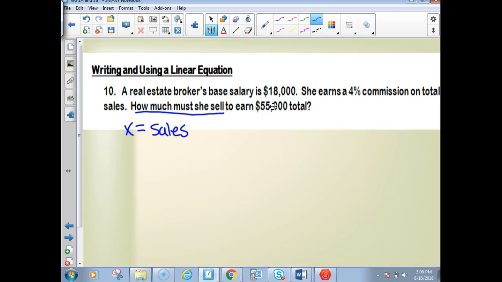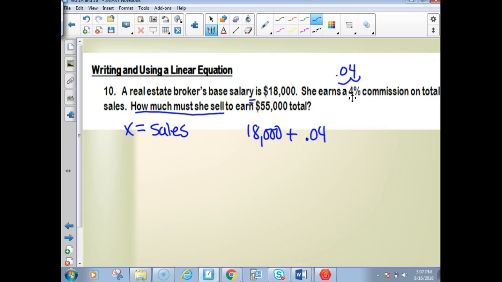I know it's going to equal this, right? That's on the right side of my equation. So I'm going to start off with what she's getting paid: 18 grand plus a 4% commission. 4% as a decimal would be 0.04. I have to multiply that times something.